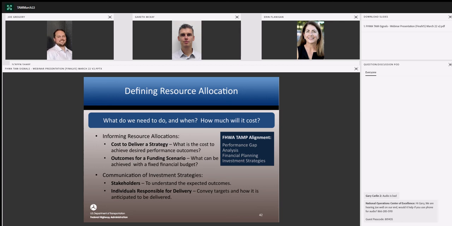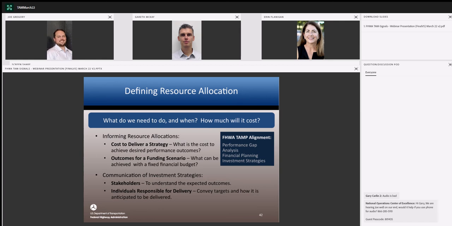Once you've done that analysis and you're able to better communicate that, it's important to talk to stakeholders or those that are responsible for assigning resources. Make sure they're aware of what the impacts of their decisions might be, and be able to clearly communicate that to them.